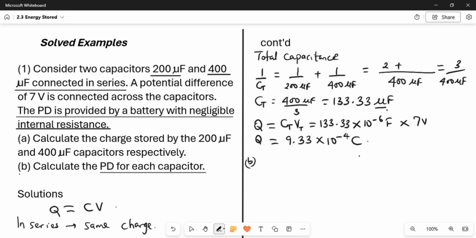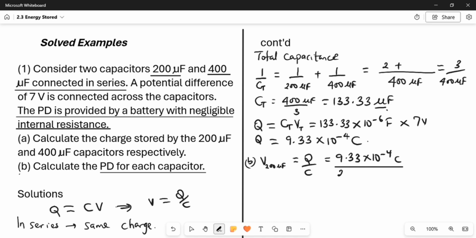So for the 200 microfarads capacitor, we say V is equal to, from this expression, V will be equal to Q over C. So we say Q over C, which is, each of them has charge 9.33, so we say 9.33 times 10 to the power negative 4 coulomb divided by C, 200 times 10 to the power negative 6 farad.